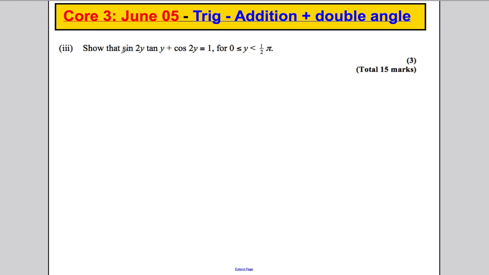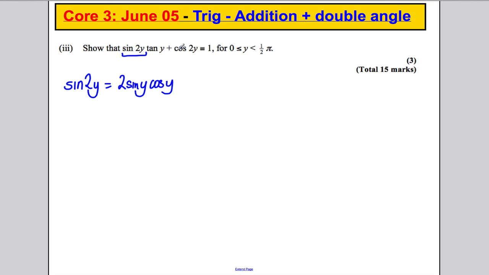Finally, it says, show that sine 2y tan y plus cos 2y is equal to 1 for y between 0 and pi by 2. Okay, all we can really do here is replace sine 2y. We should know that sine 2y is 2 sine y cos y.